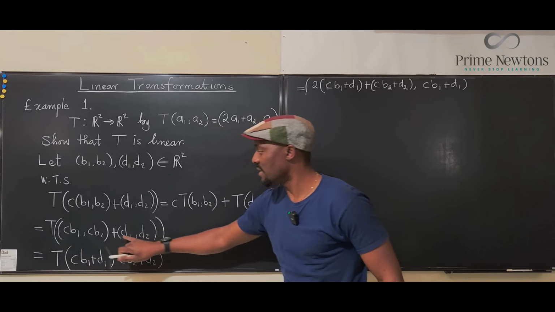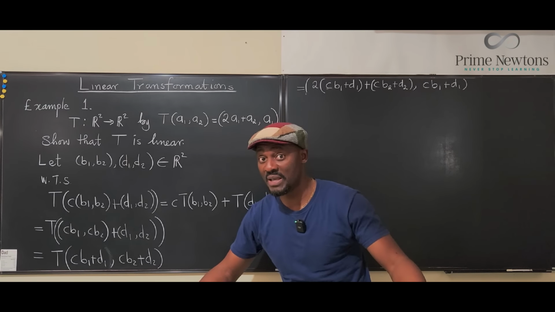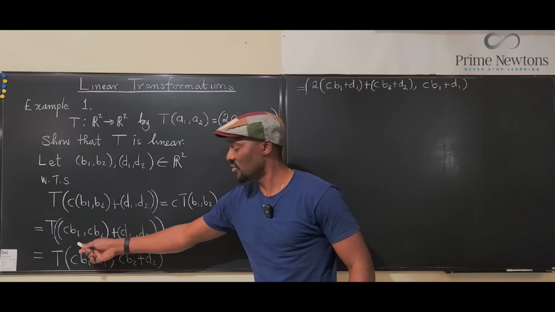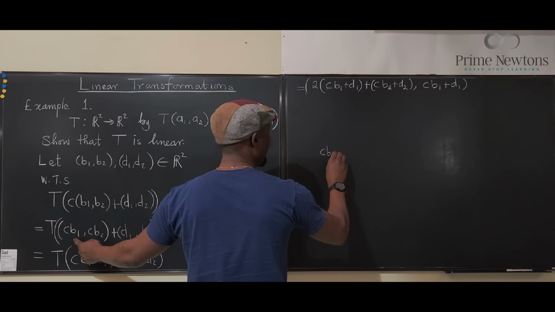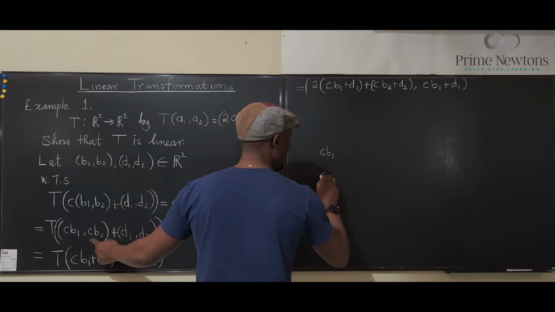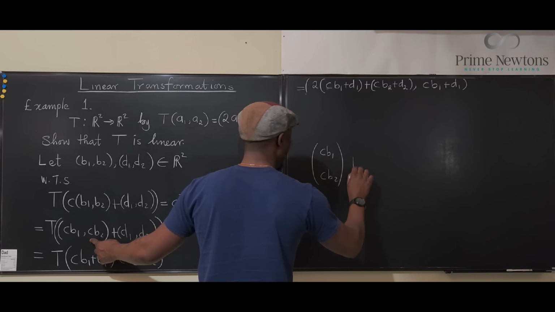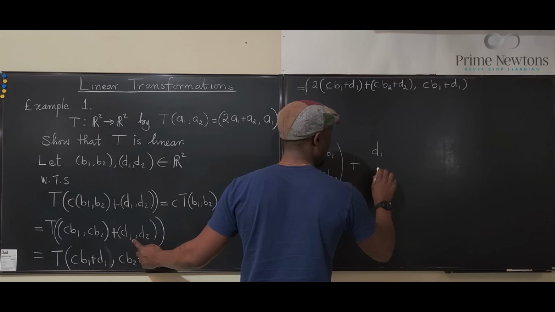We just simply added these two together because they are vectors. And remember, in a vector space, you must be able to add vectors together. And these are like matrices. It's like you're writing CB1, CB2, a matrix, and you are adding it to this one, D1, and then you have D2.